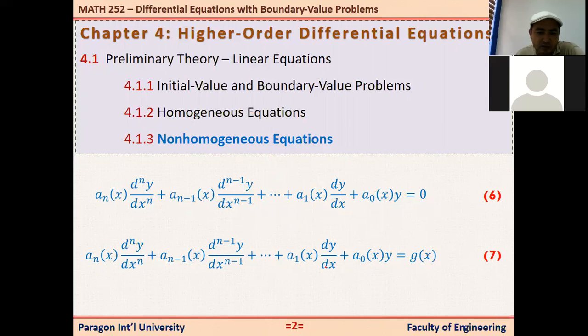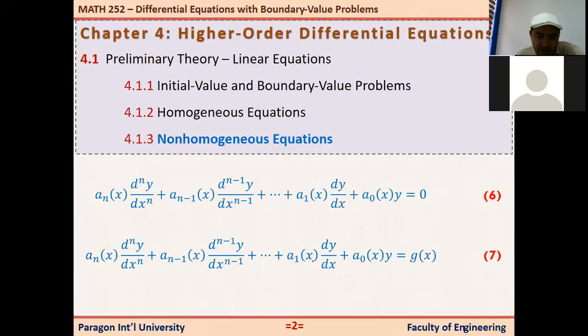Being able to solve this homogeneous equation is really important for solving the non-homogeneous equation, because we just do this in 2 steps. Number 1, if you're given a differential equation like this in 7, first, instead of g of x, we just write 0, and we solve this homogeneous part.